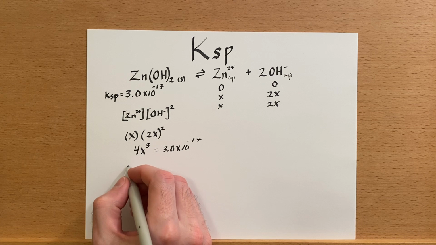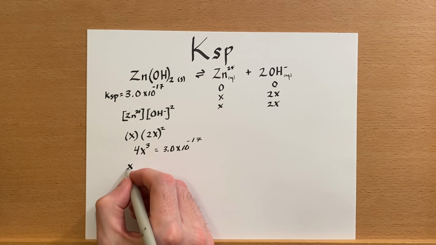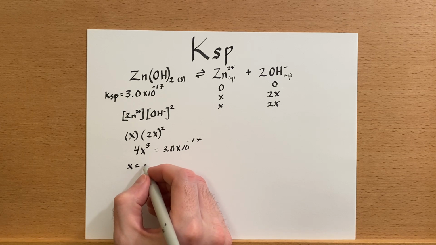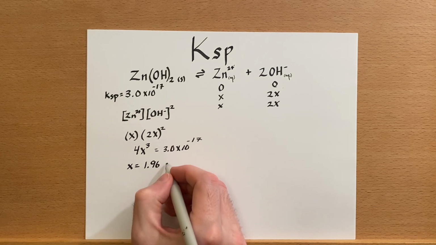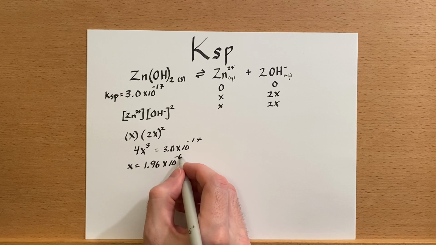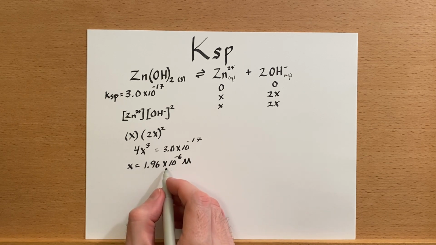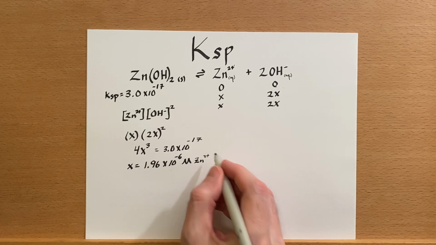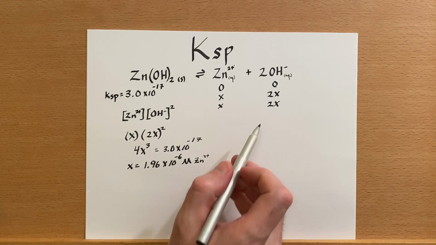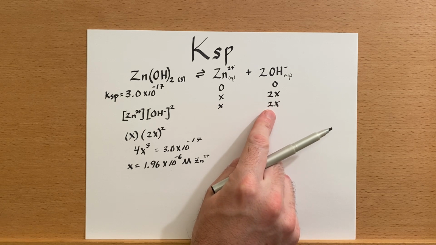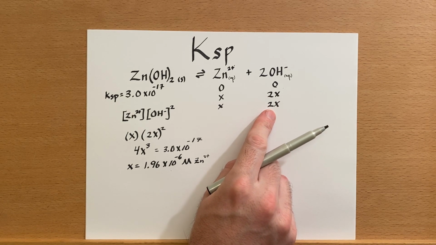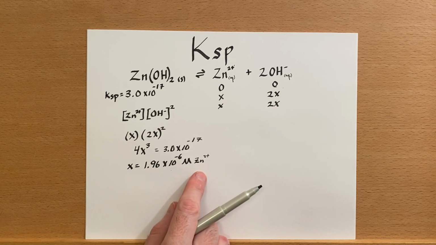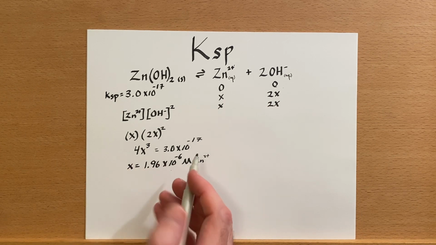And if you do that, you should get x equal to 1.96 times 10 to the minus 6. And this will be the concentration of zinc. Now, if we remember up here, this is 2x, so if we actually want to know the concentration of hydroxide, we'll just simply multiply this value by 2 to get 2x.